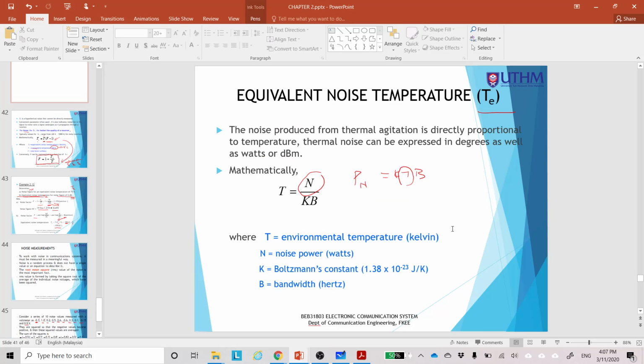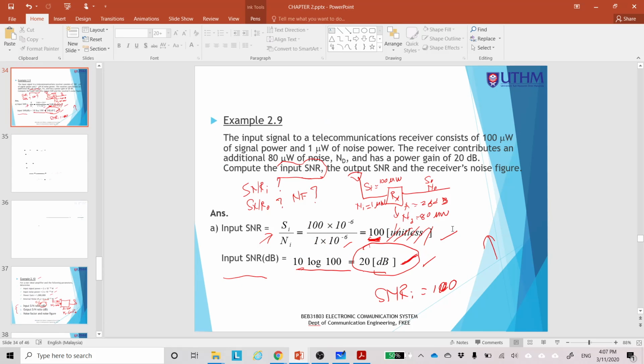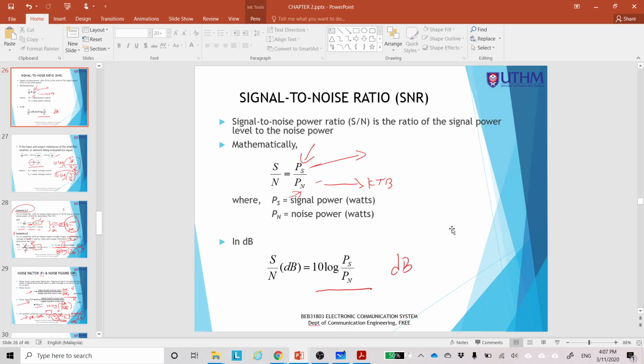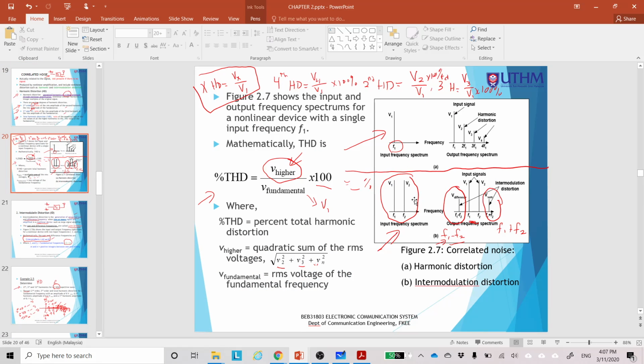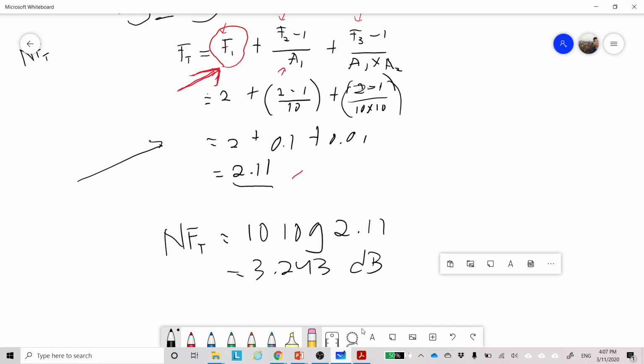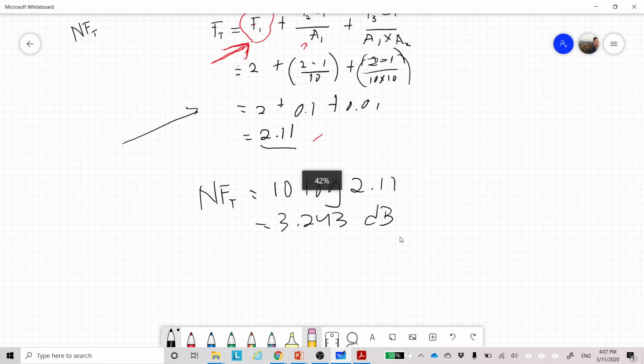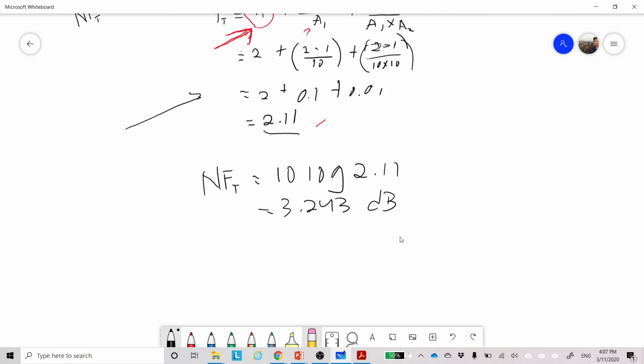Dan kalau you buat gambar, you kena lukis gambar seperti tadi. Sekejap saya tunjuk. Gambar yang ada dua input, gambar B yang bawah ni. So akan ada two input signal.